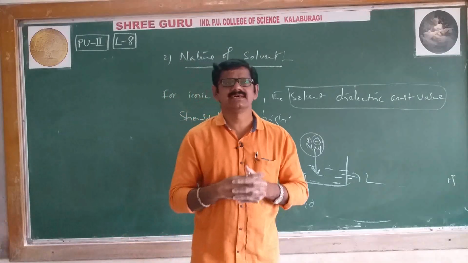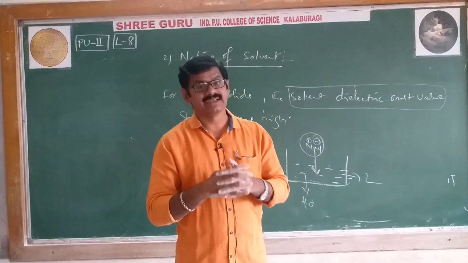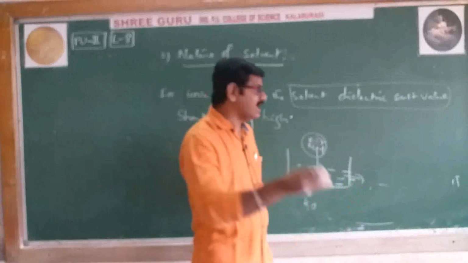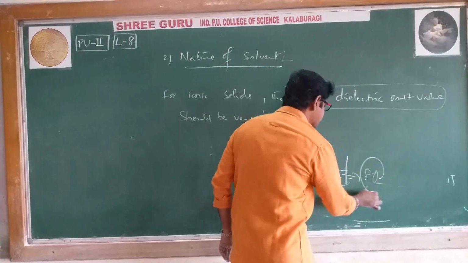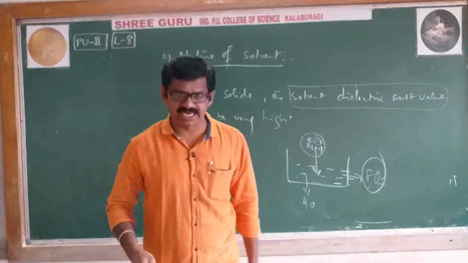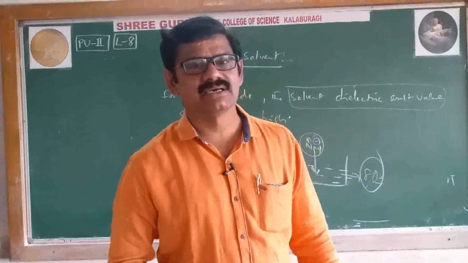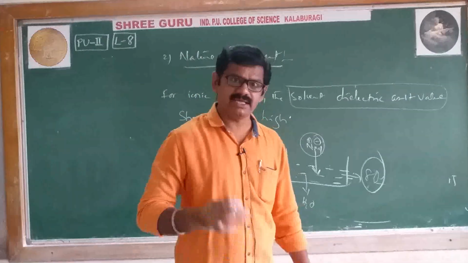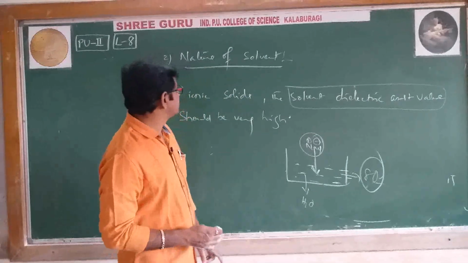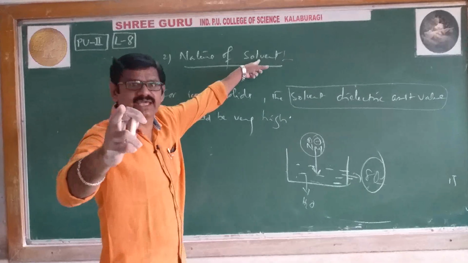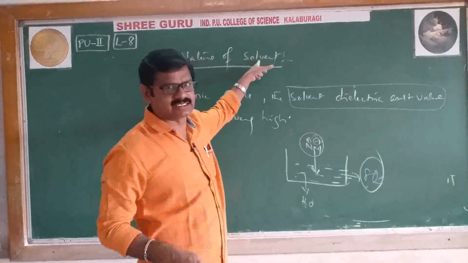In that case, solubility will decrease. That's why the dielectric constant value should be high. The best example is water. It reduces attraction forces nearly by 80 times, then automatically solubility increases. That's why the nature of solvent also influences the solubility of a solid in a solvent.